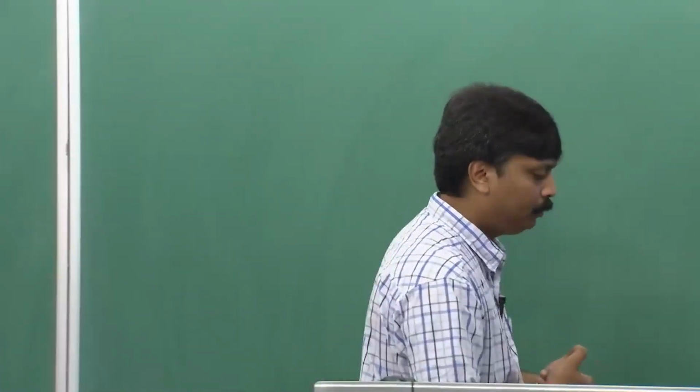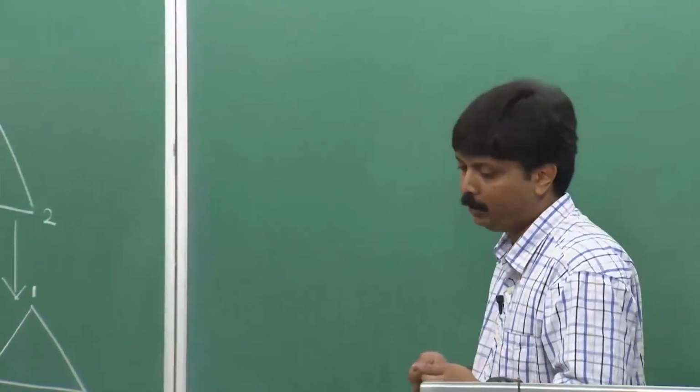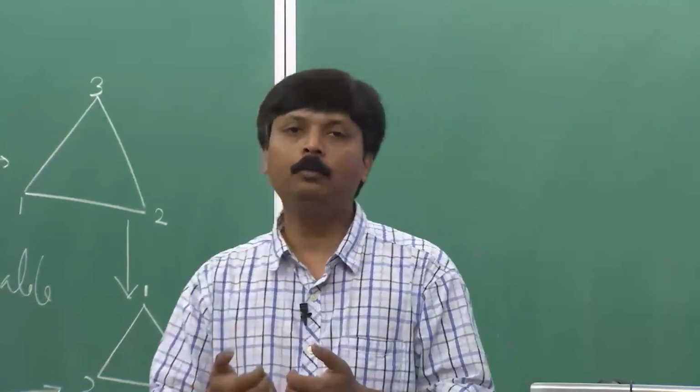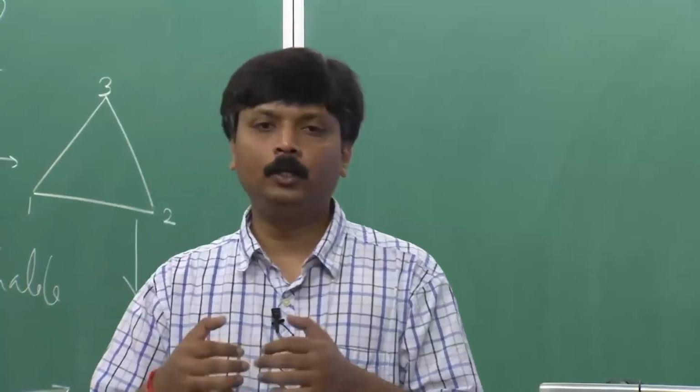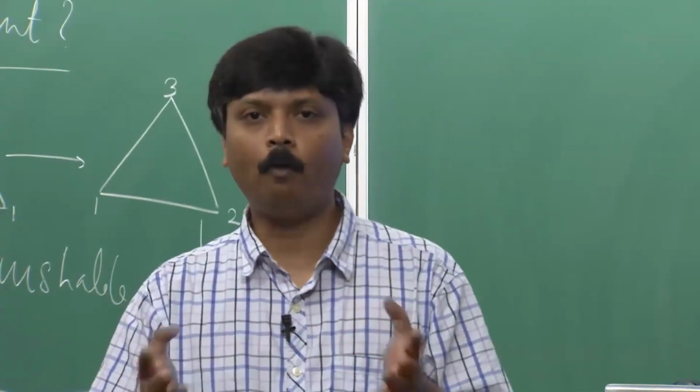In the following class, we will learn more about the specific symmetry elements and symmetry operations, how to find them, and later we will club them into something called a point group.